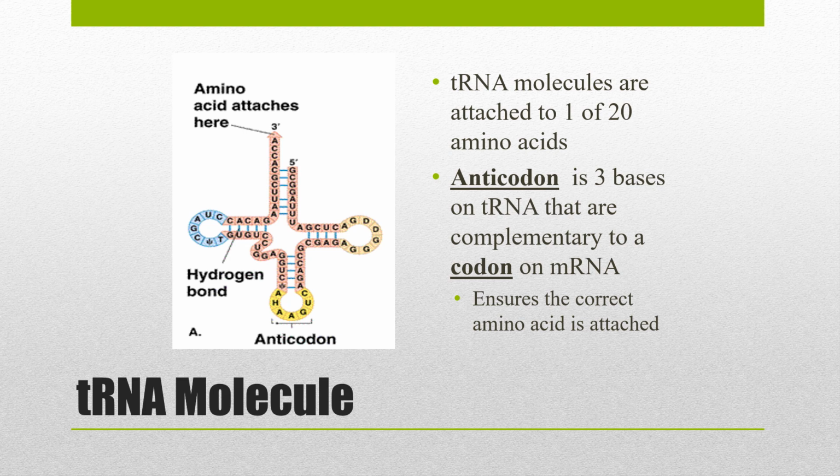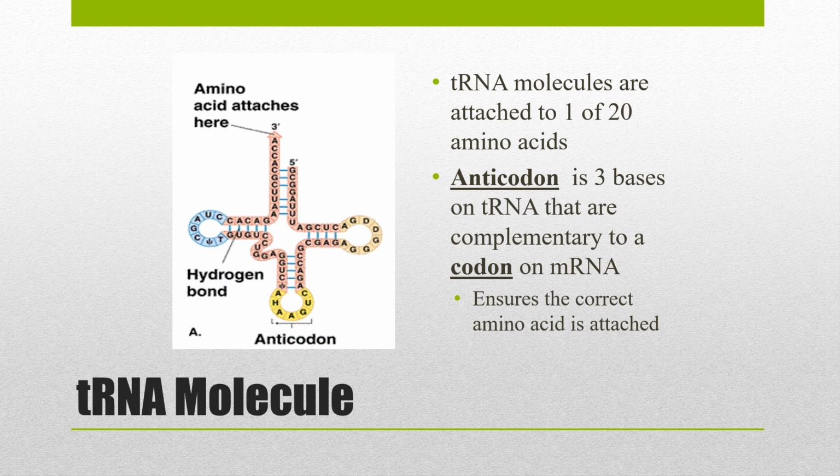So these guys are going to be carrying amino acids, and as they connect with what is called a codon. A codon is going to be three of those nitrogenous bases in the RNA. They are looking for essentially their complementary three bases, and then they'll drop off that amino acid.